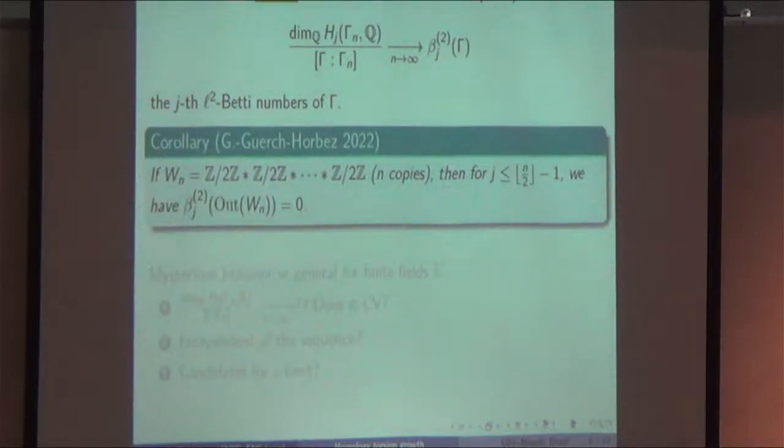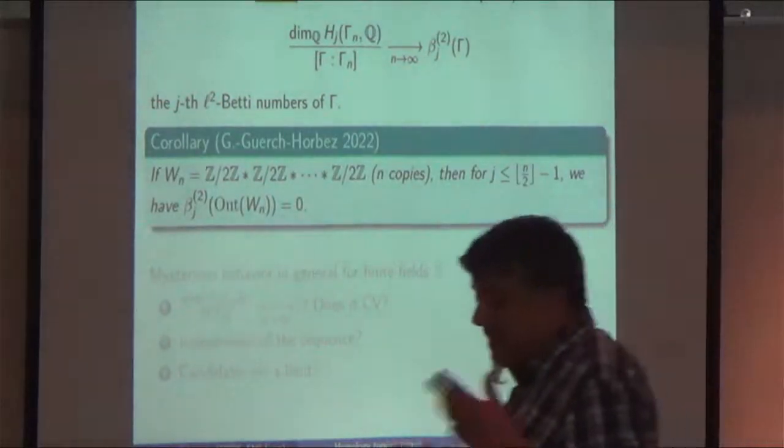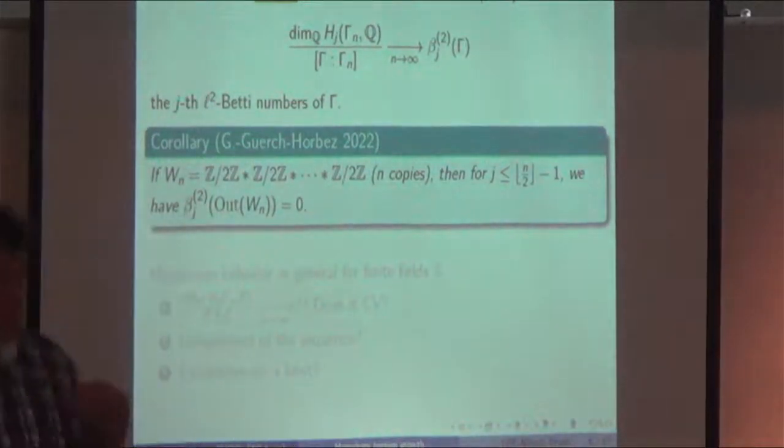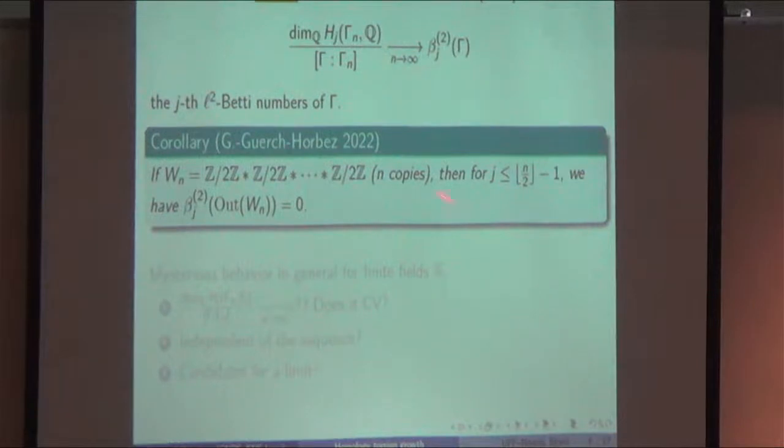And so as a corollary, and this was the interest we had when we worked together with Yacine Gersh and Camille Orbet, we get the vanishing of the L2 Betti numbers of that group, Out(W_n), up to degree alpha corresponding to the group. Okay? Is it clear?